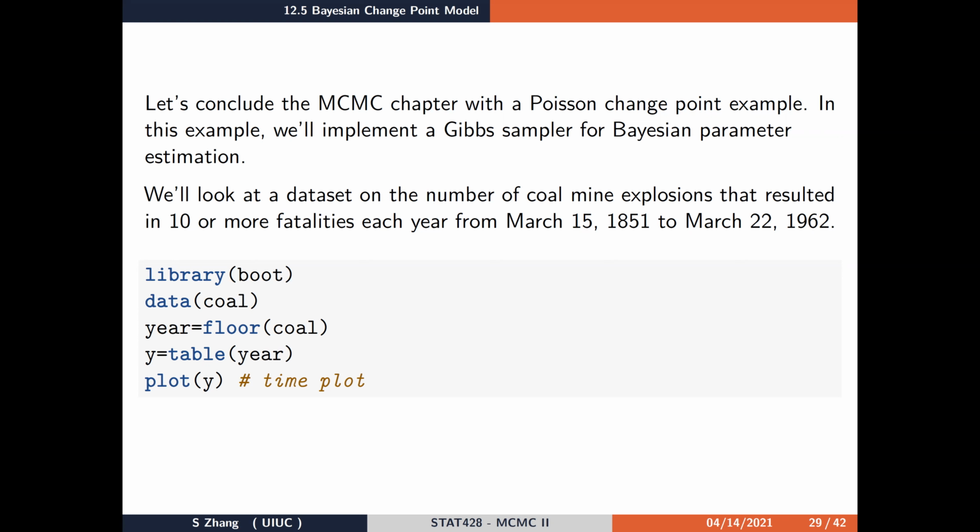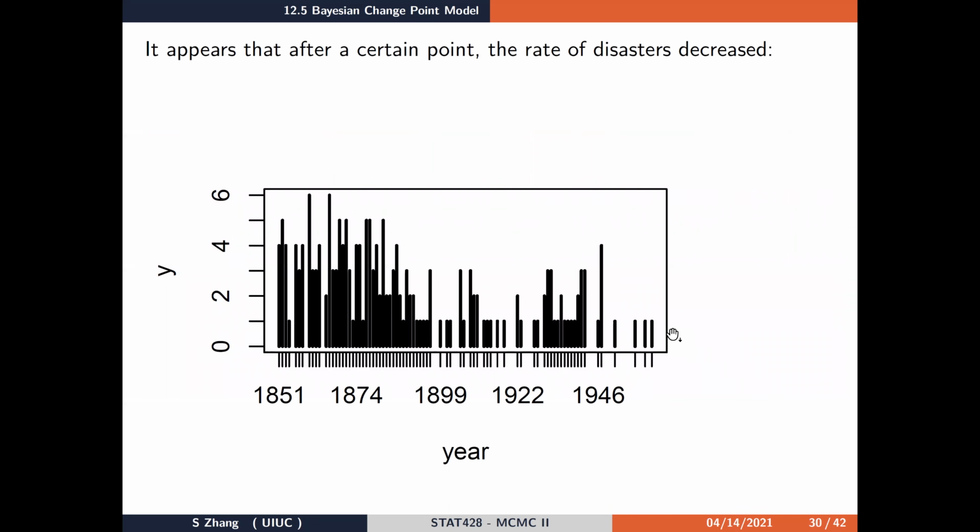If we tabulate the years, we'll be able to see how many explosions occurred in each year. And let's look at the time plot for this. Here's a time plot for the number of explosion incidents each year from 1851 to 1962.